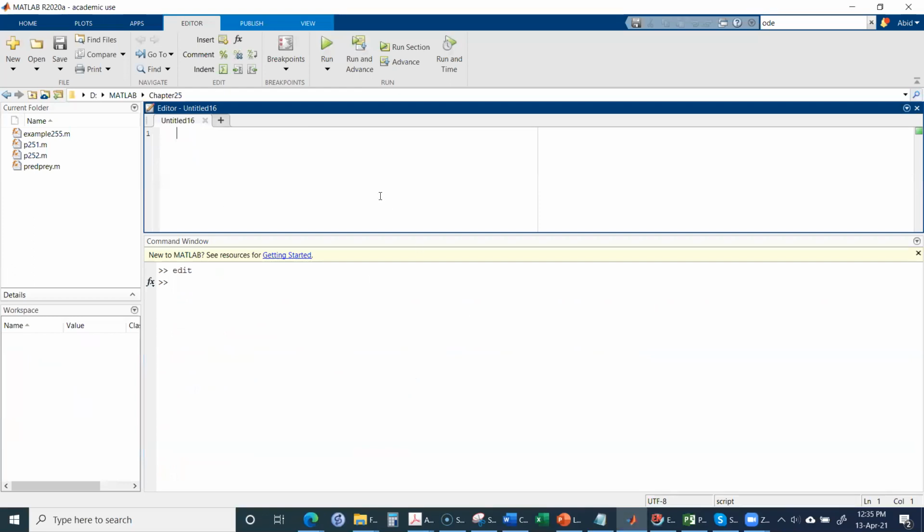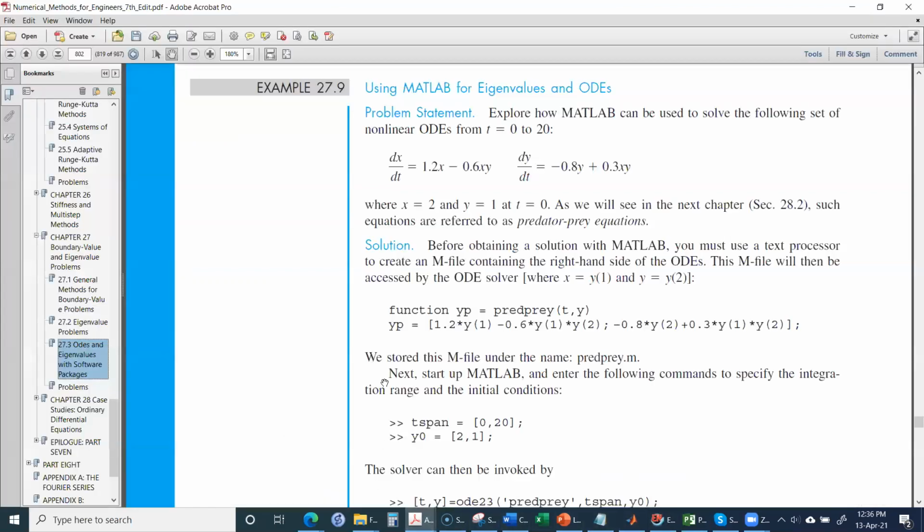In this case, we will start from the function, and the function name we will give as yp. What is this function name? This is example 27.9. Okay, so I can give it as a function name, example 27.9.